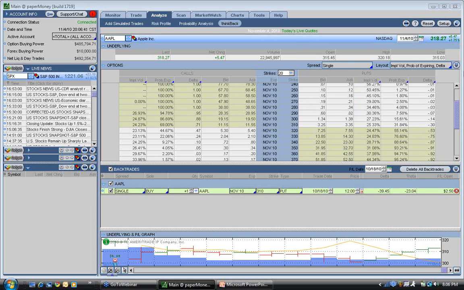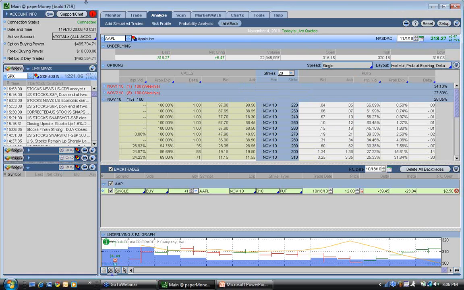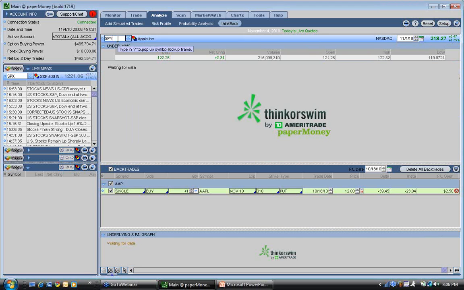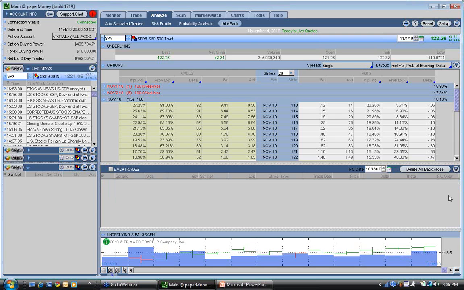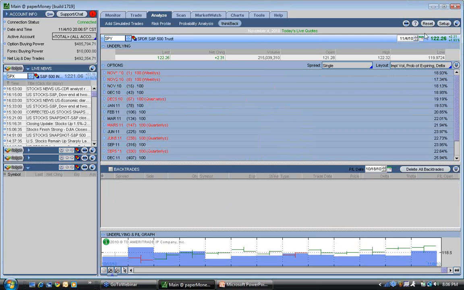Anyway, I've been looking at this SPY strangle, and it was in the weeklies.